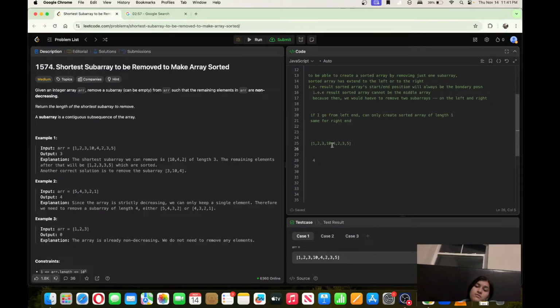Or if I do not find a number greater than 10 but find a number that is greater than 3, then that is also okay. 4. But if I find a number greater than 3, other numbers would also be greater than 4, you know. But no, only this is the array that is greater than, actually.